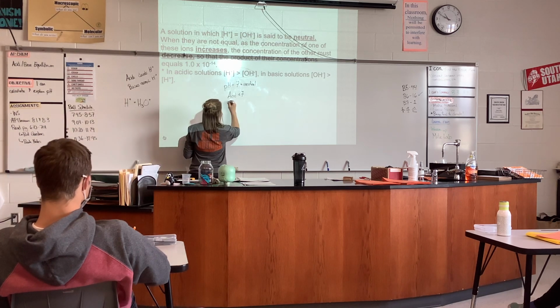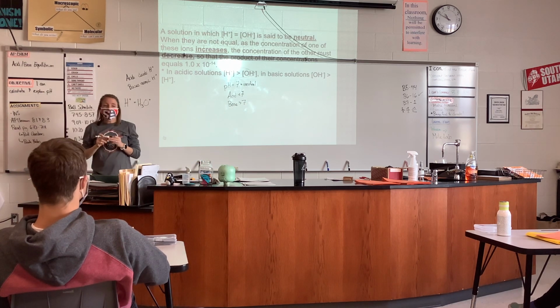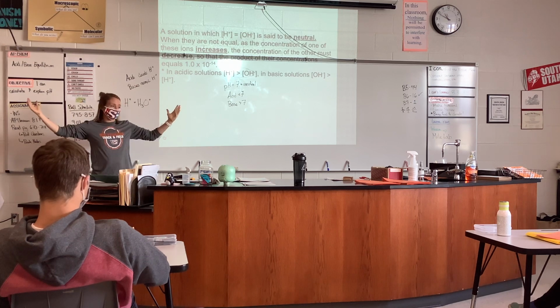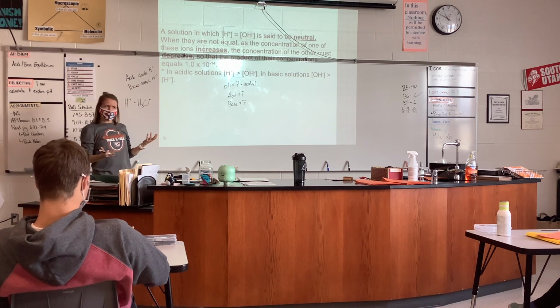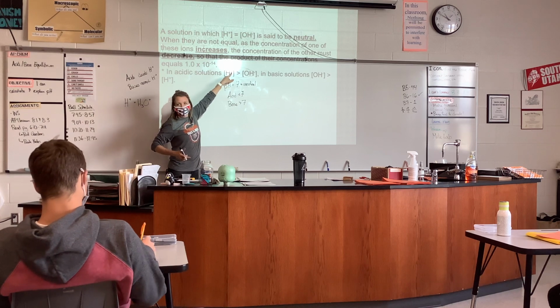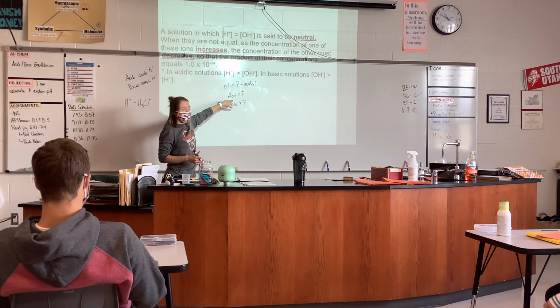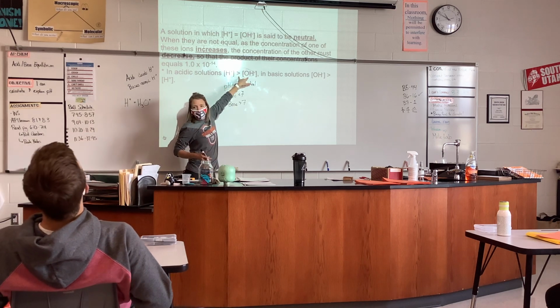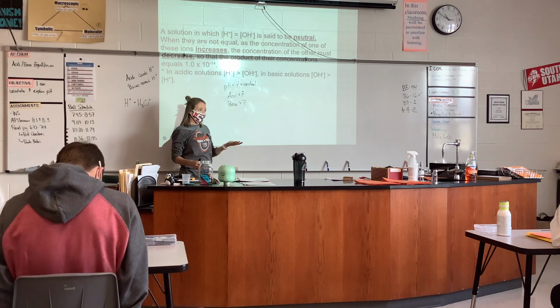Anything greater than 7 is classified as a base. And the farther away you get on the scale, the stronger that acid is, or the higher the concentration of the H plus. Now what's important to recognize is even in all acids, they always have both. It's just a matter of which one is more than the other.